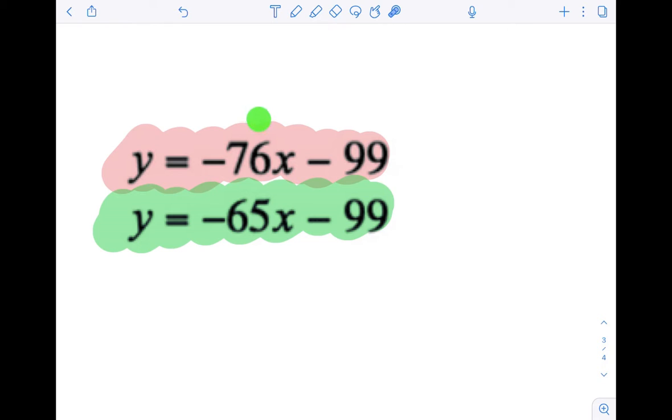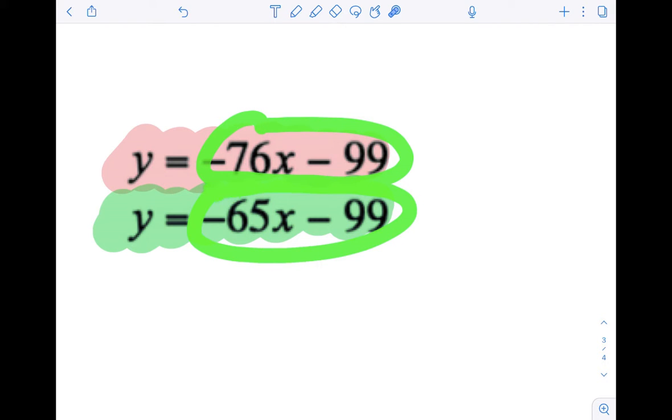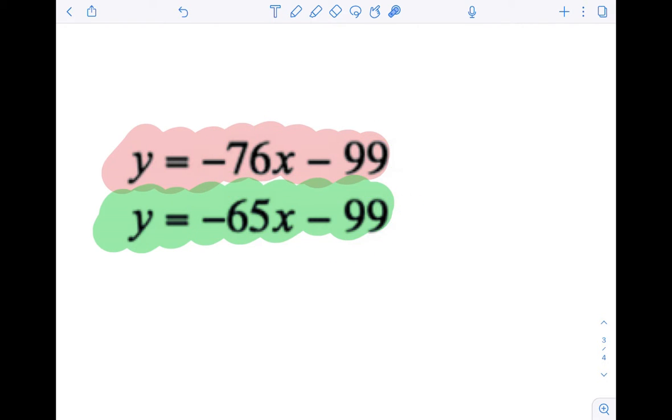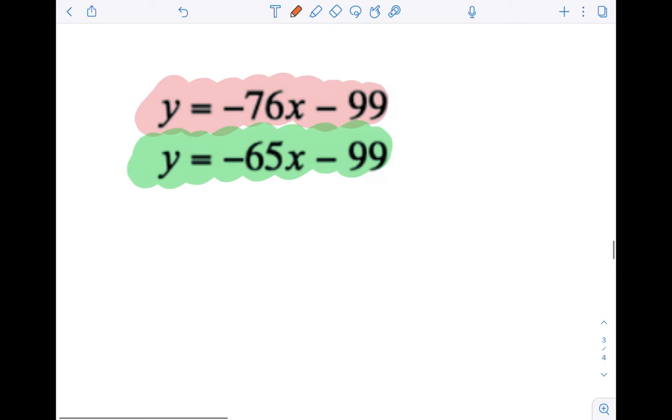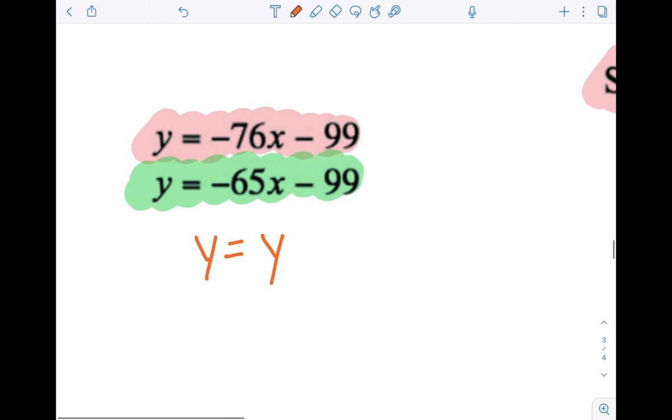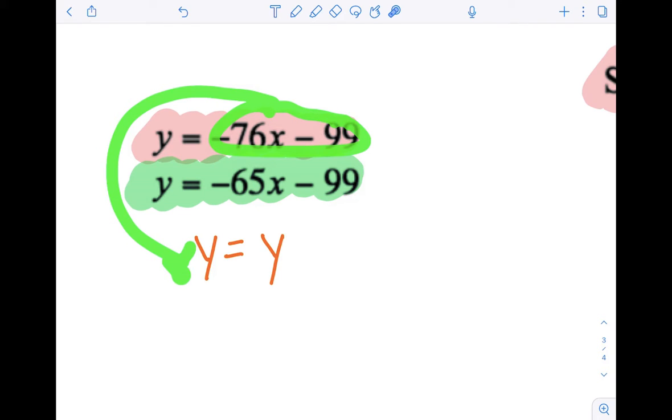So that means, kiddos, that these two terms are equal to those two terms. So what I can say is y is equal to y. So what I'm going to do is substitute. This is going to go in for this y right there, right? Because y is equal to y.